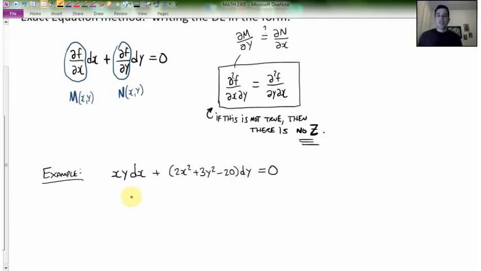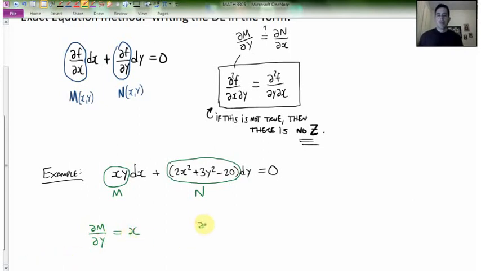Yes, here's an example. So we try to write the differential equation in that format, the nice format. So this expression here is our M, and this is our N. So let's verify that. Partial M partial y, that is the derivative of xy with respect to y, that's simply x.